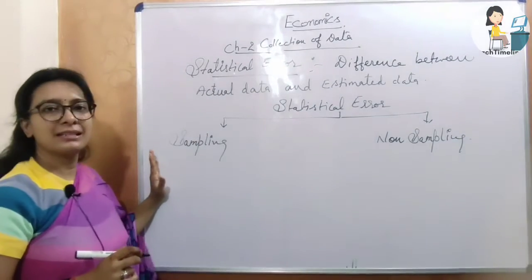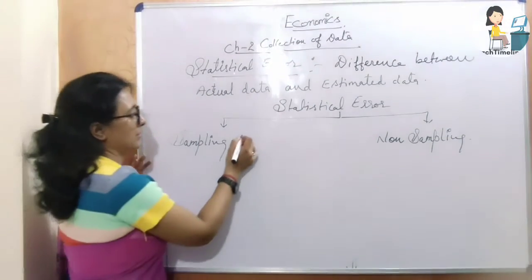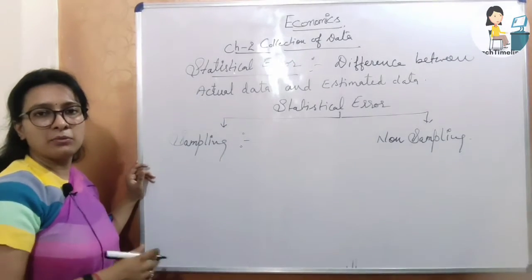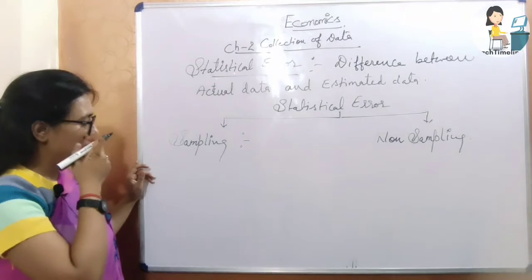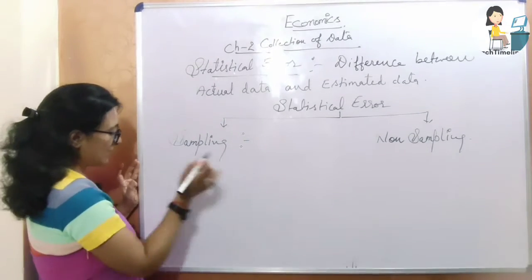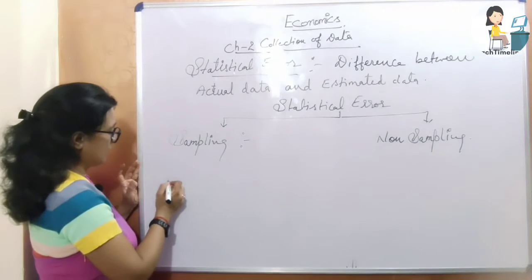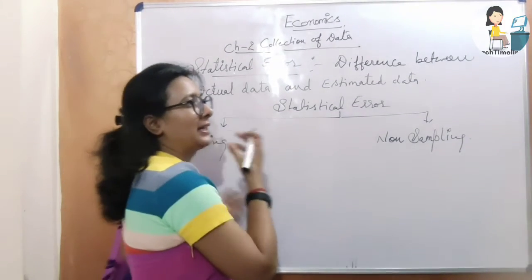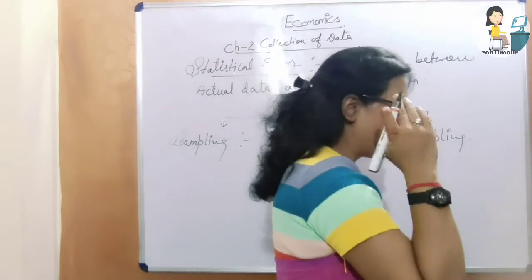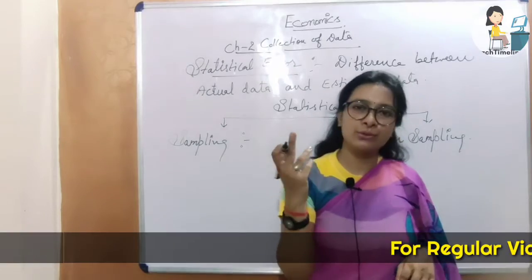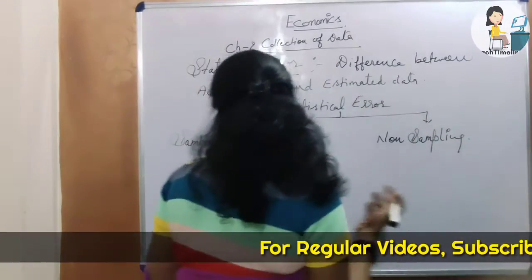Suppose the first error, the sampling error. This can be made clear with an example. Let us take an example. I am choosing a sample. Suppose I have taken a variable, any variable. Let's take height as a variable.